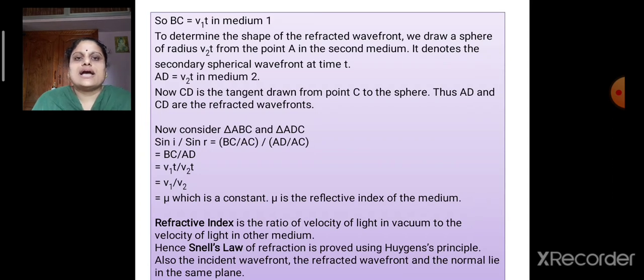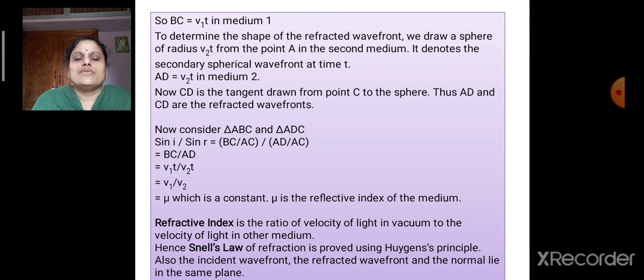So sin I by sin R will be equivalent to V1 tau by AC divided by V2 tau by AC, which will be V1 tau by V2 tau, which is V1 by V2. And sin I by sin R will be equivalent to the refractive index of the medium.